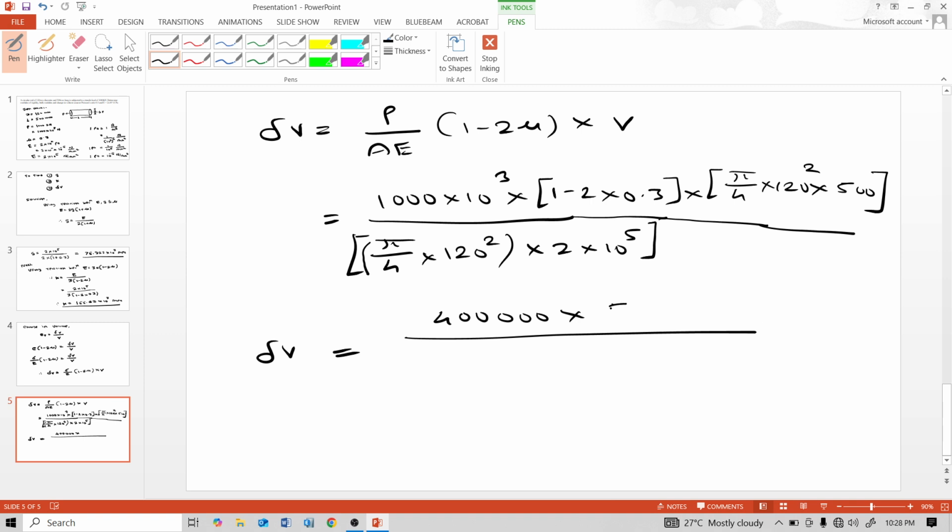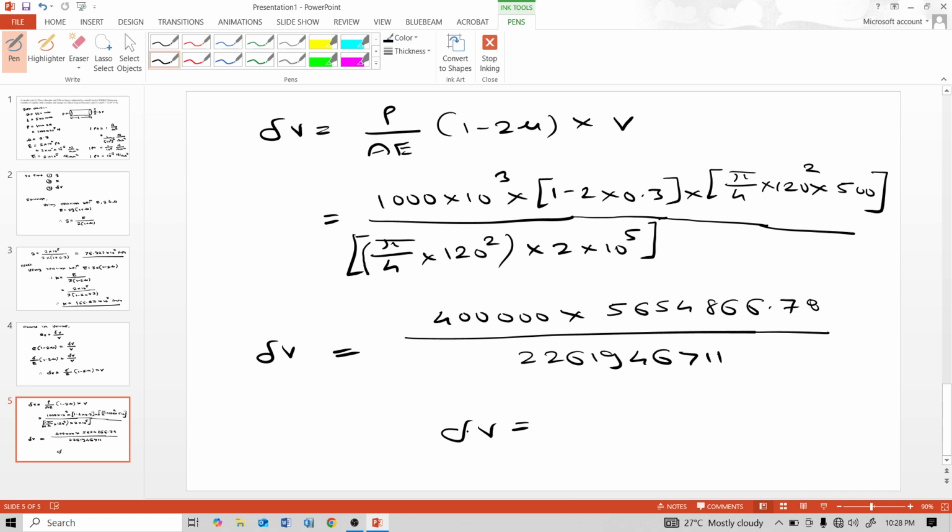565486.78 divided by pi by 4 into 120 square into 2 into 10 raised to 5, which is 22619.46711.